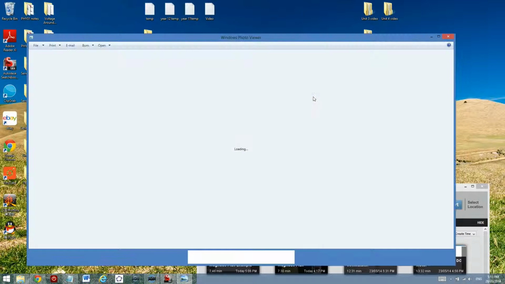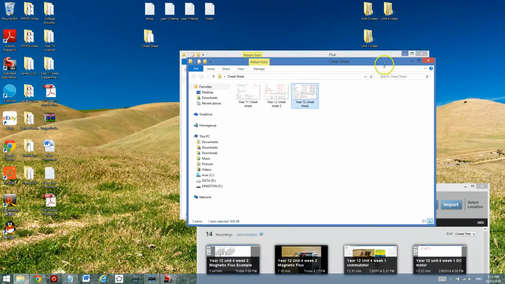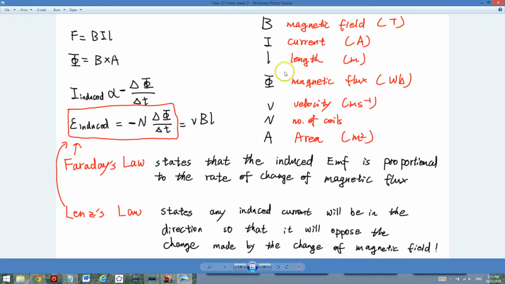They are very important laws. For the electronic version, I have this. So let me just go through Faraday's law.